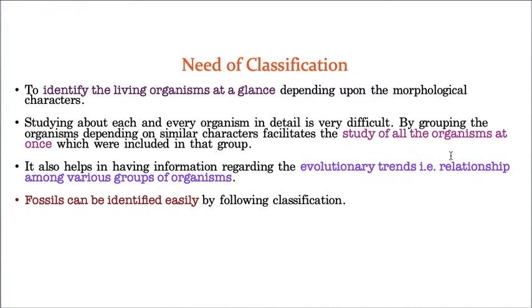That is due to the characteristics you observed or noticed in this fossil, which you compared with already existing organisms, and that grouping is possible due to classification. So classification enables you to identify even dead organisms, fossils, based on their characteristics. Hope you understand. So this is the importance or need of classification.